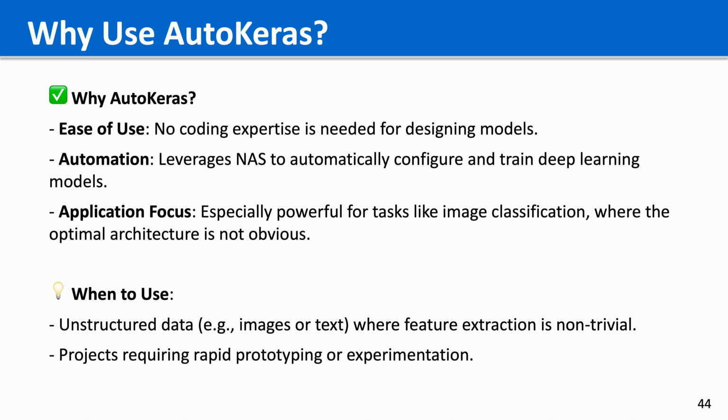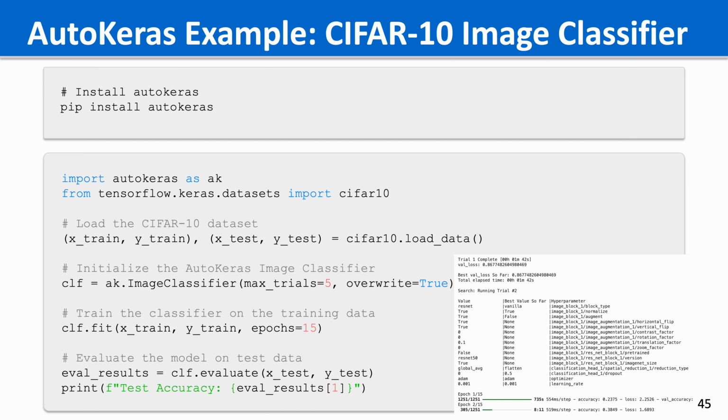It's especially effective for tasks like image classification, where figuring out the right architecture could take weeks. Think of it as your co-pilot. You set the destination, your dataset, and AutoKeras plots the fastest, most effective route to success.